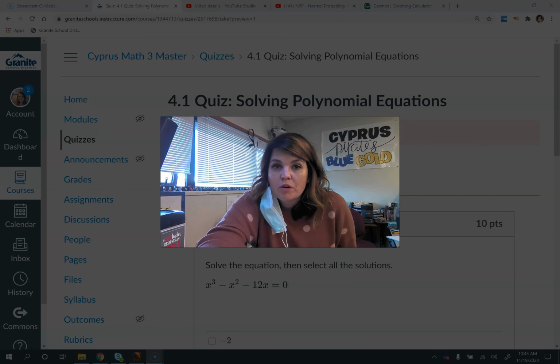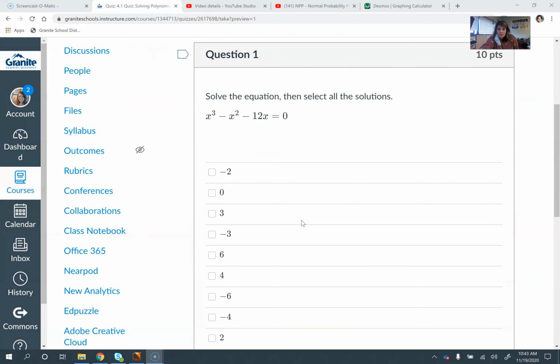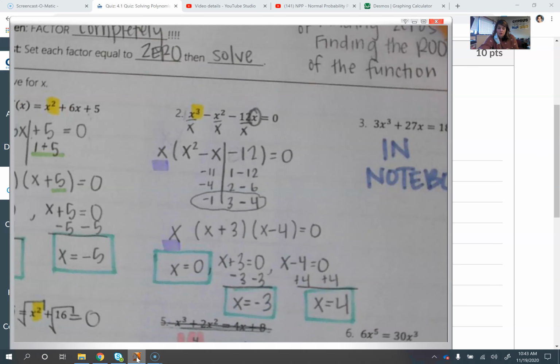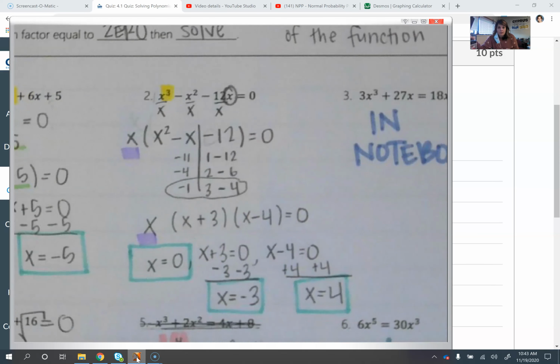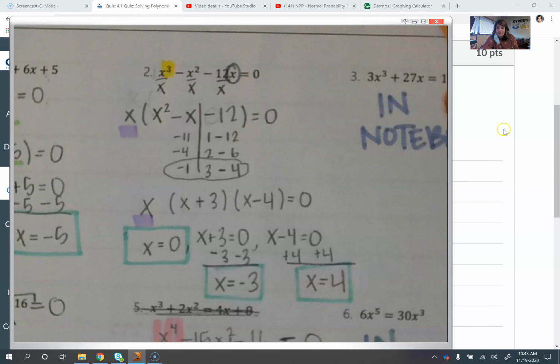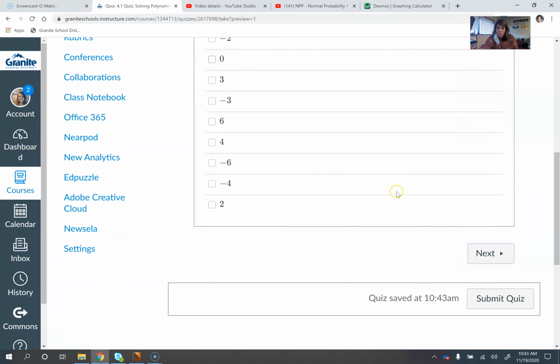So I'm already in the quiz in Canvas. Question 1 is very similar to question 2 in your workbook. So you want to use this question right here, number 2, as your guide to answer this question on the quiz.